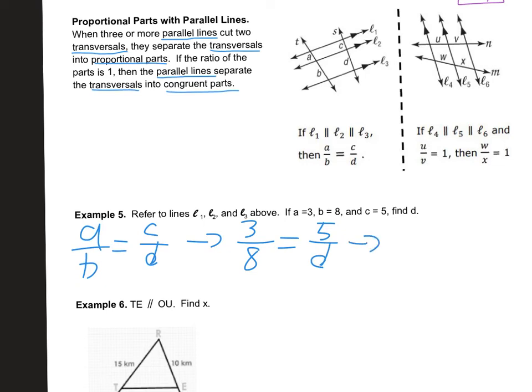Do our cross product. We end up with 3D equals 40. Divide both sides by 3. D is equal to 13 1/3.